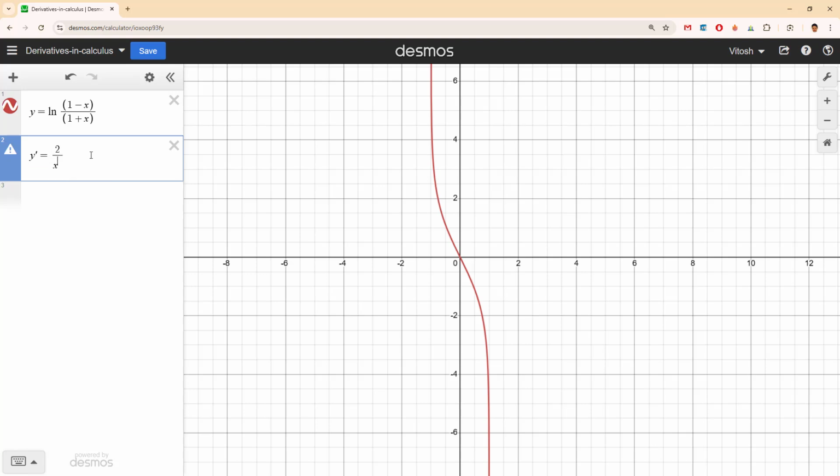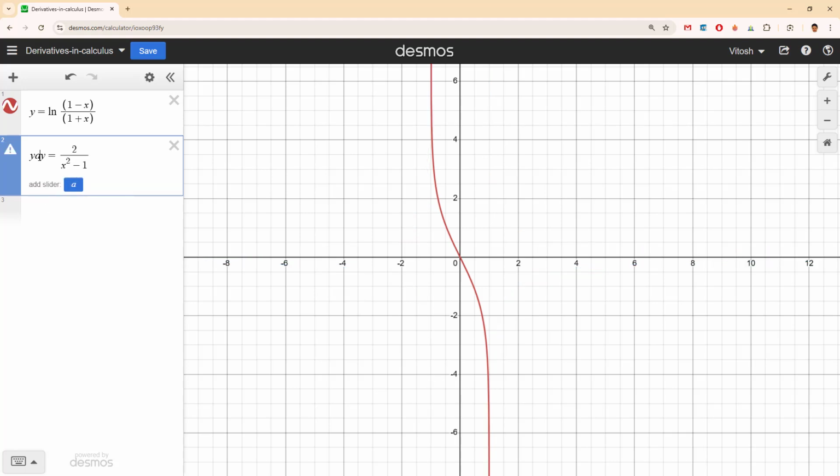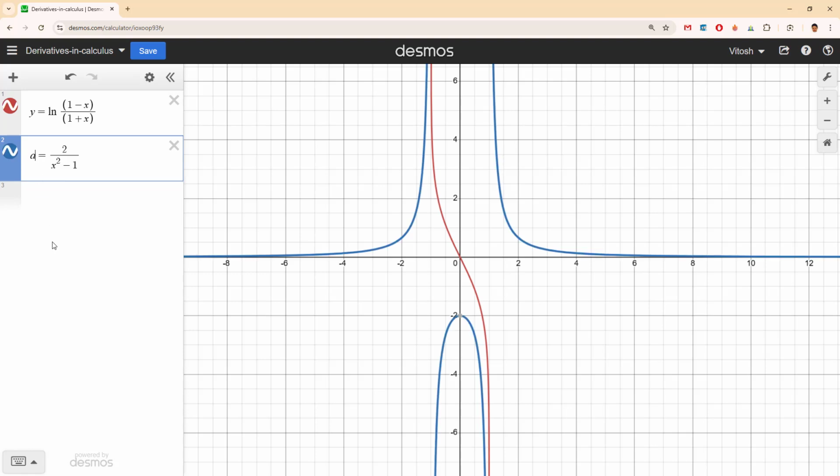2 over x squared minus 1. Okay, I'll remove this one, I'll call it y. Okay, y a, not a good name for a derivative, but here we can call it this way, and this is how our derivative looks like.